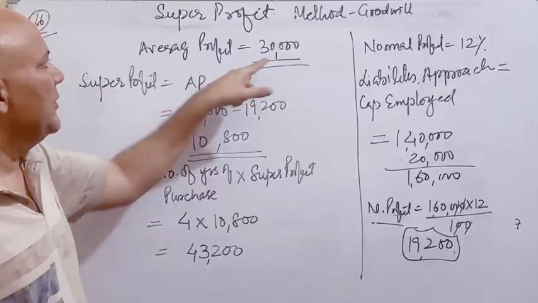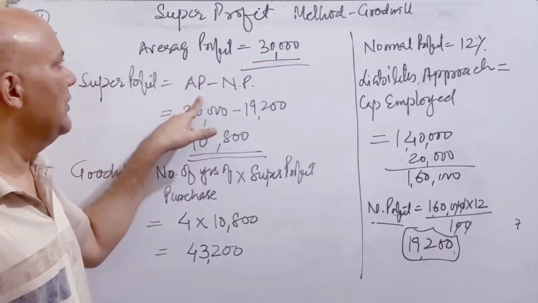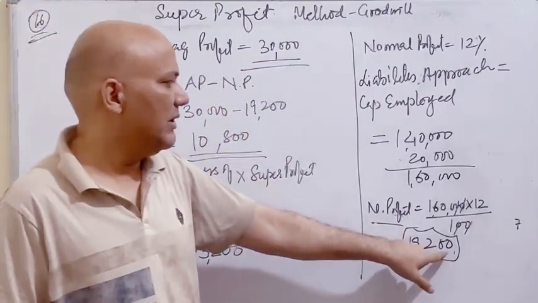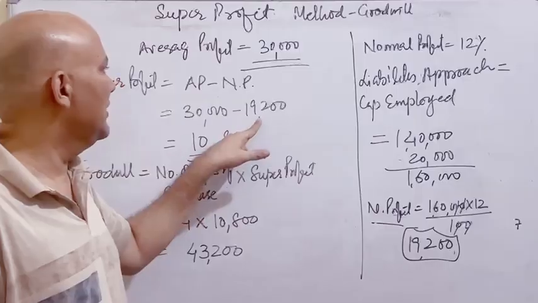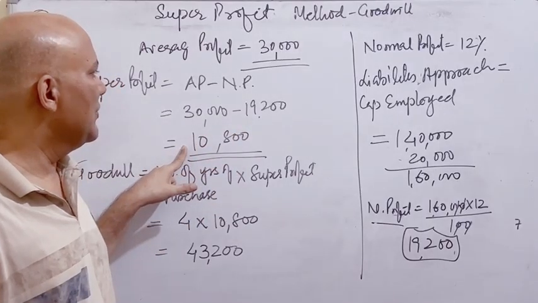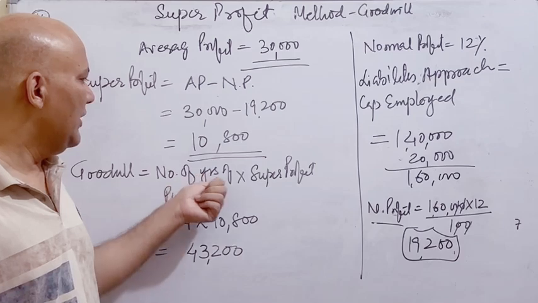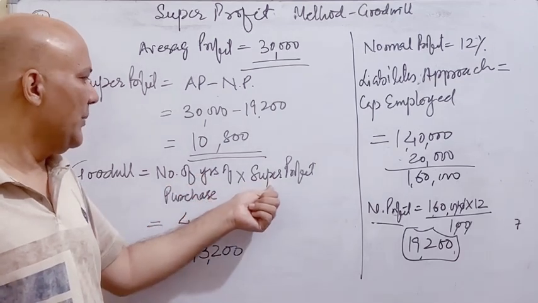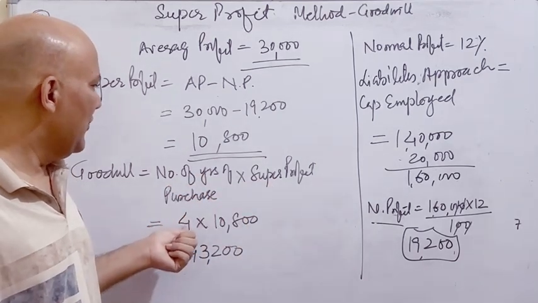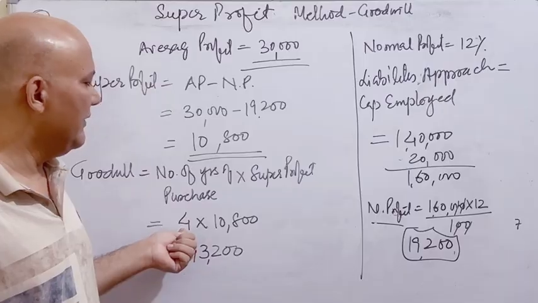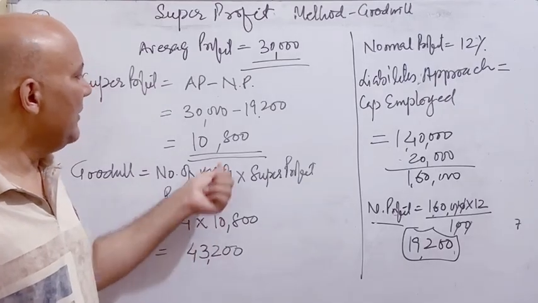Super profit is the average profit given in the question, 30,000, minus the calculated normal profit, 19,200, so super profit is 10,800. Goodwill is the number of years of purchase, given as 4, multiplied by super profit.